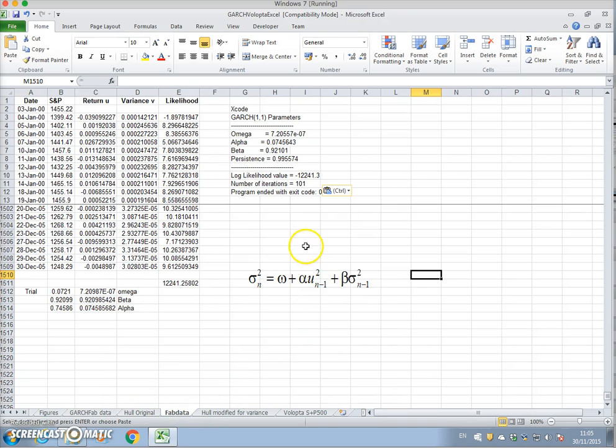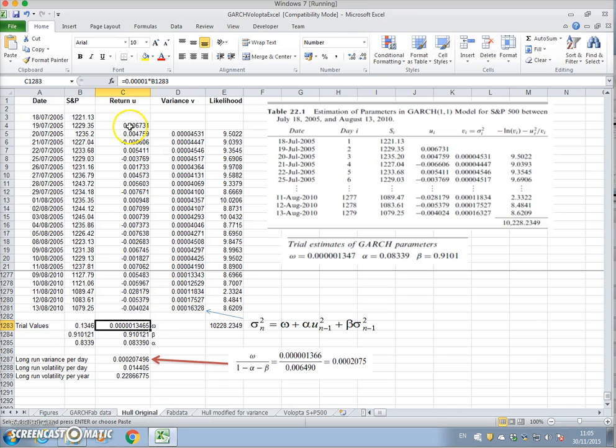Using the fab data, the parameters and the estimation however are somewhat different, because in the original Hull he estimates the return by taking the difference between the two cells and dividing by the previous. So the daily observation divided by the lagged daily observation was the return, and so on.